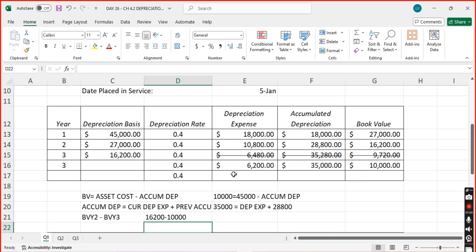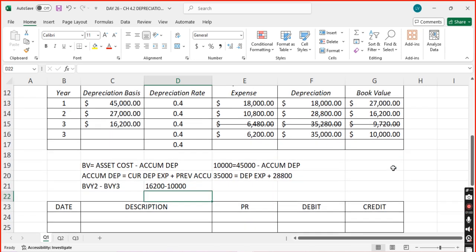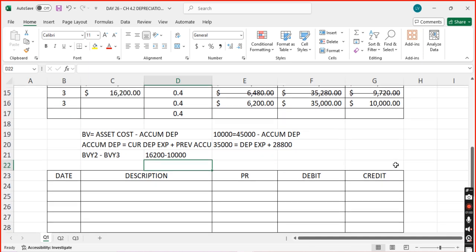And then everything should fall into place. Because what is 6,200 plus 28,800? That should give 35,000. And then book value is 45,000 minus 35,000, which should give you 10,000. So again, many ways that you can solve for your answer.